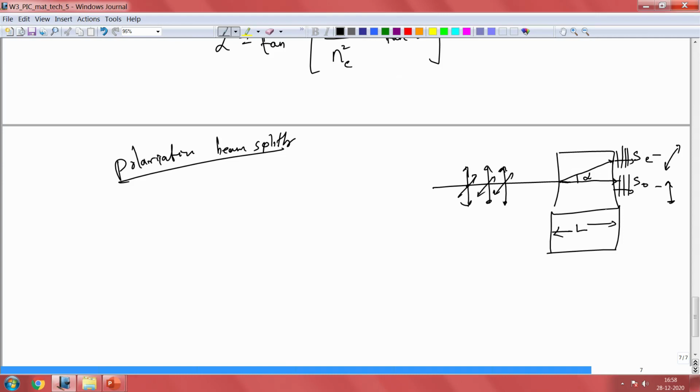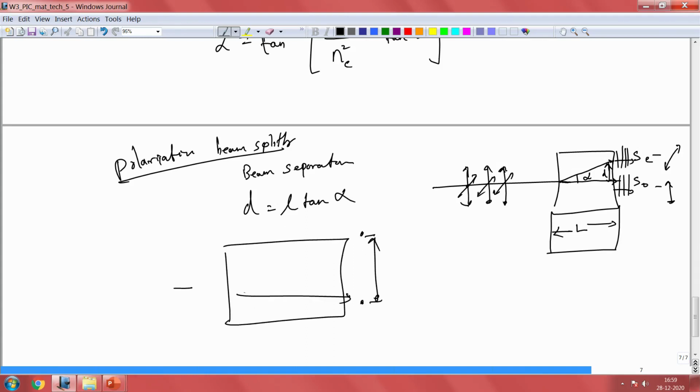How far can you split them? Let us say d is the beam separation, which is nothing but L tan alpha. If you want them separated reasonably far, you have to increase the interaction length.